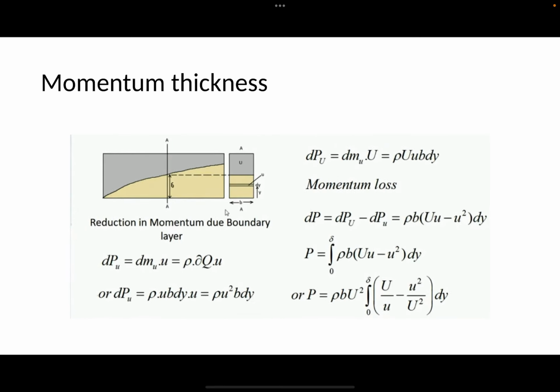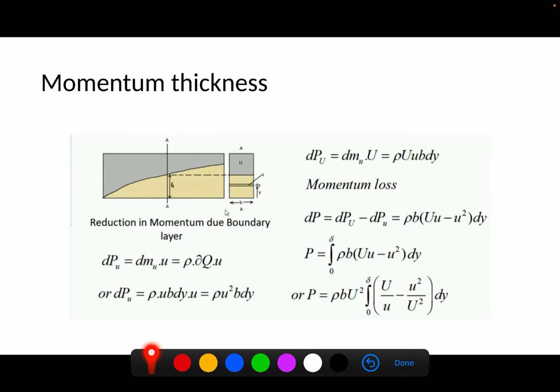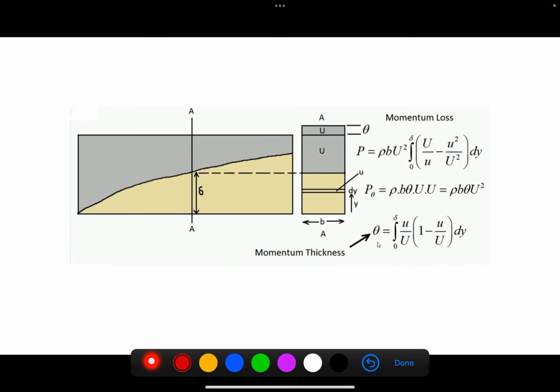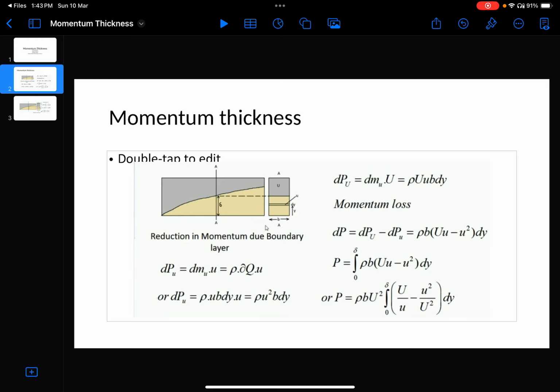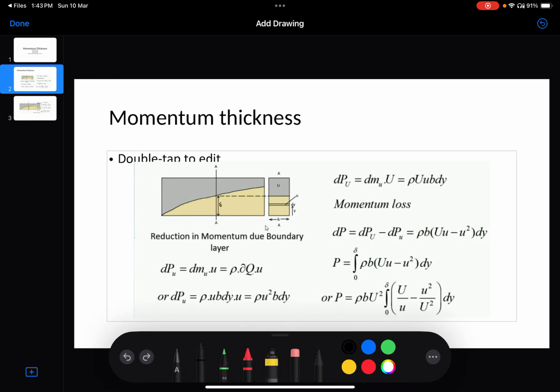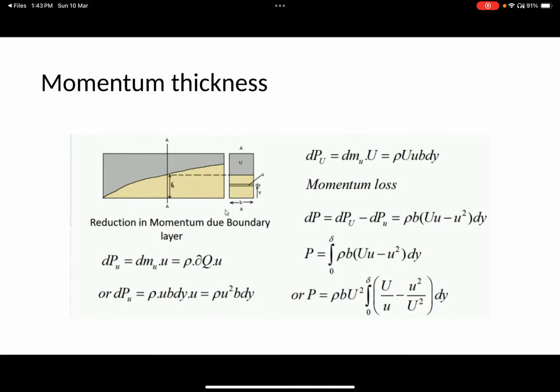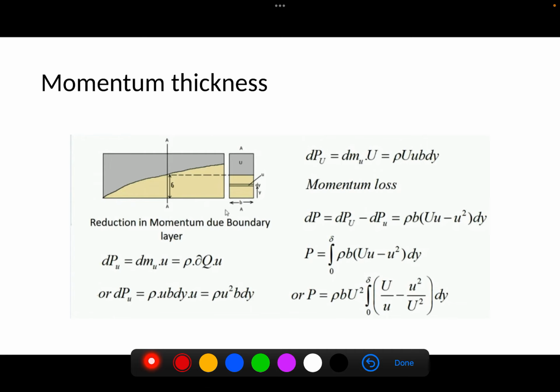What is m dot? m dot is nothing but rho into A into u. Then what is p dot? p is mass into velocity, which is the momentum.